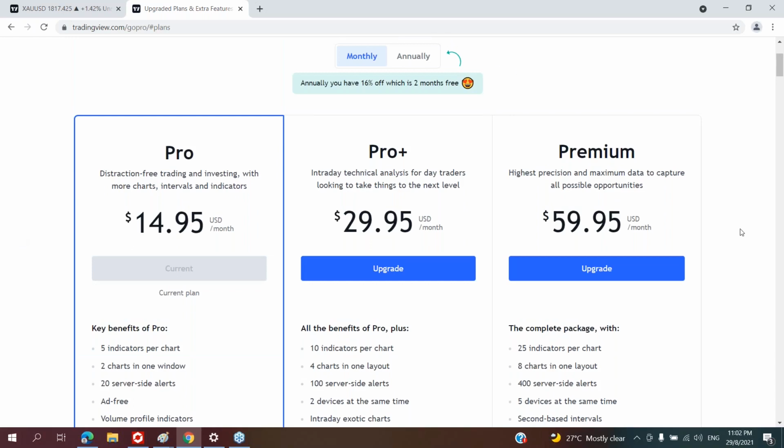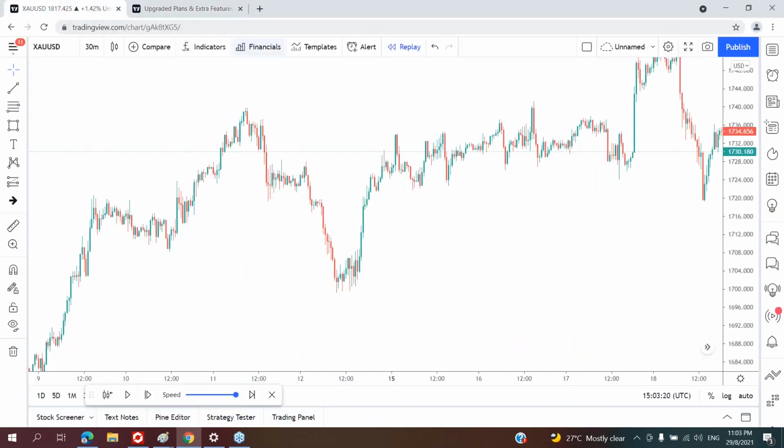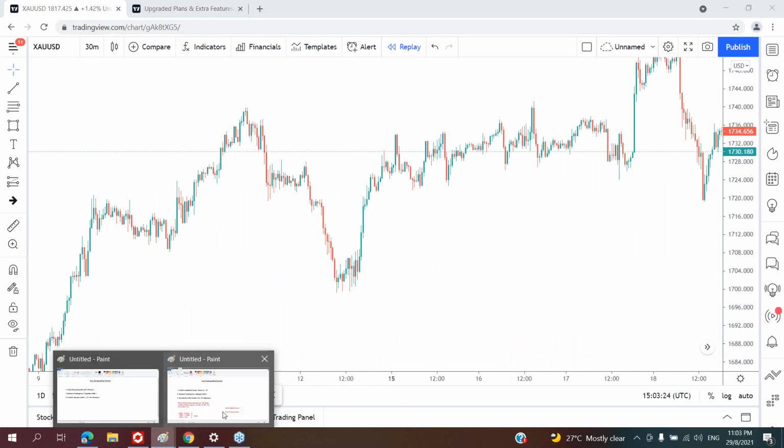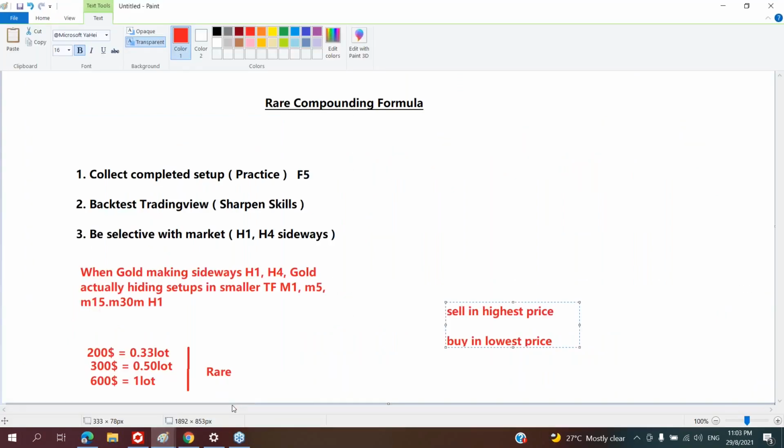It's just a month and you can try the free one and it's really worth it. It's just $15 for backtesting to sharpen your skills. You just need one to two months to sharpen your skills, then you can give it a go. Is late retest riskier than quick retest? Yes, that's why I prefer quick retest.